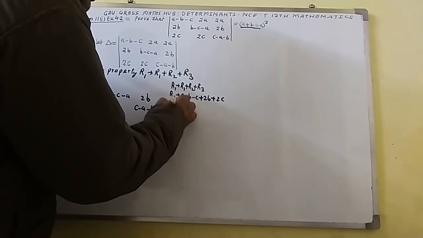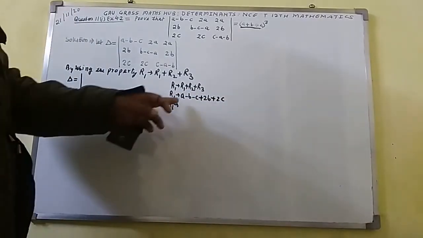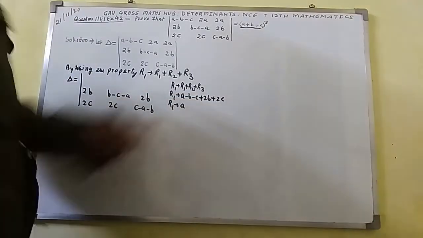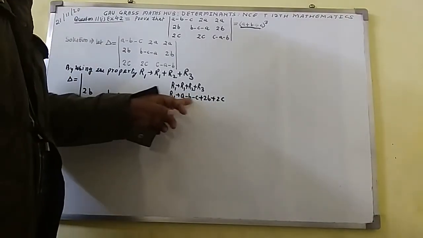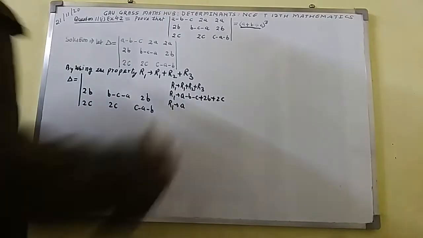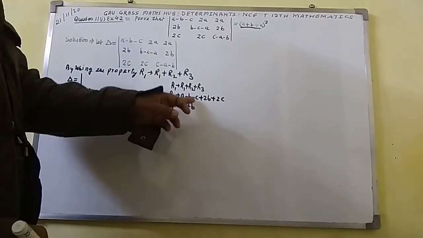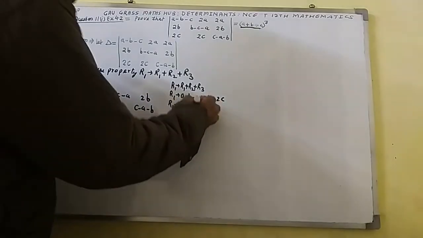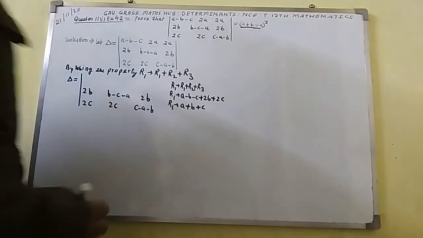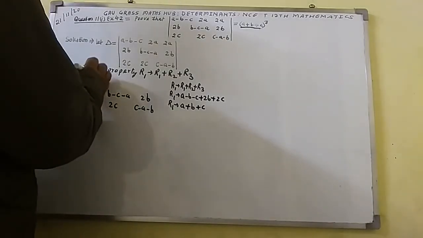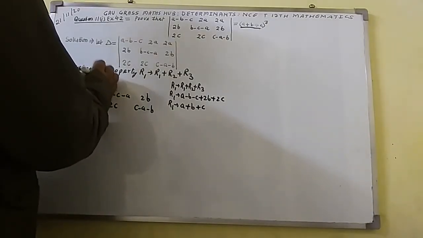So R1 goes to a is there, here write a. Minus b will be added to plus 2b, so we get only plus b. Minus c will be added to plus 2c, we get only c. So here I shall write a plus b plus c.